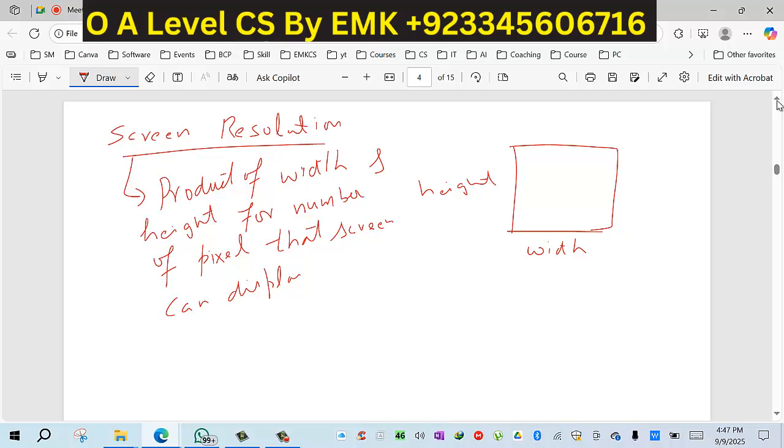So it means this is the maximum number of pixel on height as well as width that screen can display.